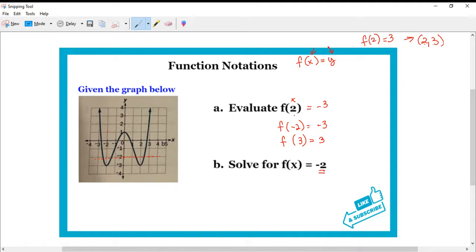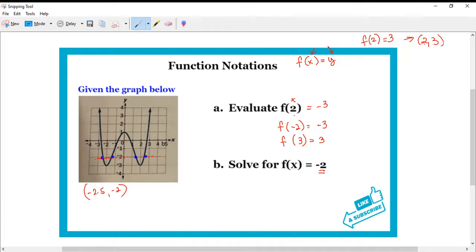Where did I cross the graph using my imaginary horizontal line? Well, I have 4 points: right here, right here, right there, and right there. So what are the x's for those values? You can just estimate. The first one must be (-2.5, -2).